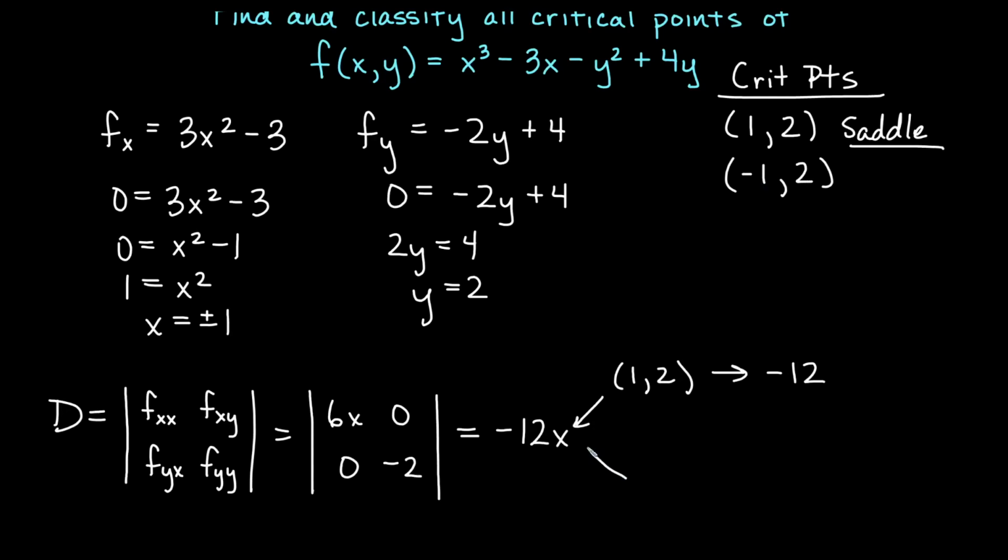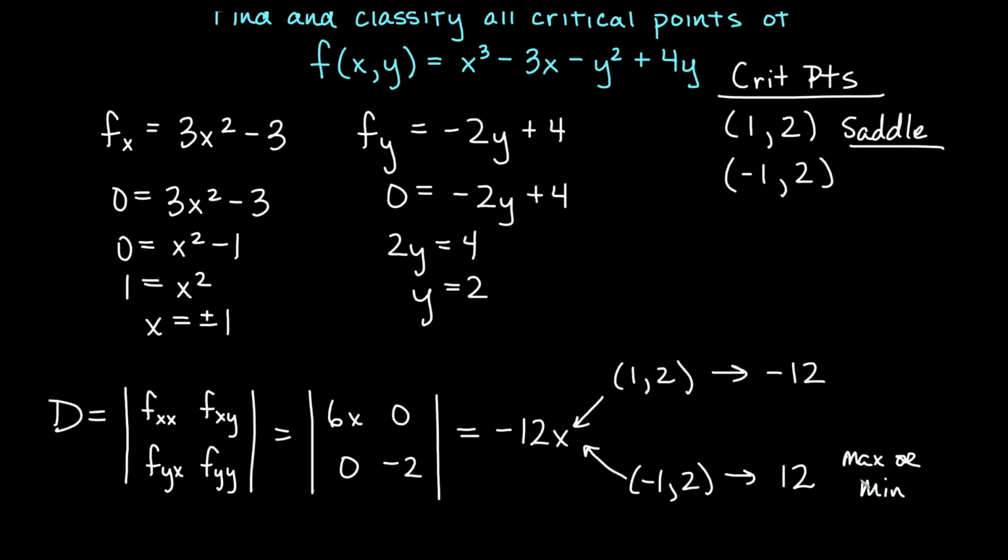So if I plug (-1, 2) into my negative 12x, well, that's going to give me negative 12 times negative 1. I'll get a positive 12. So my D is positive. So that means this is a case where I get a max or I get a min. And remember, the way we do this is we look at the sign of the pure second derivatives.